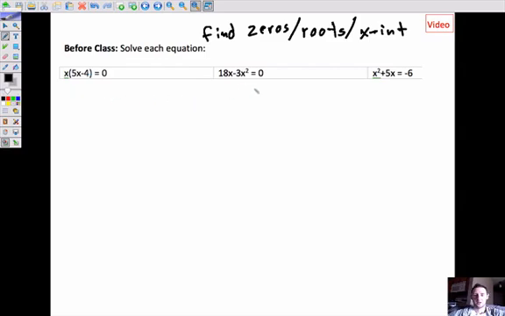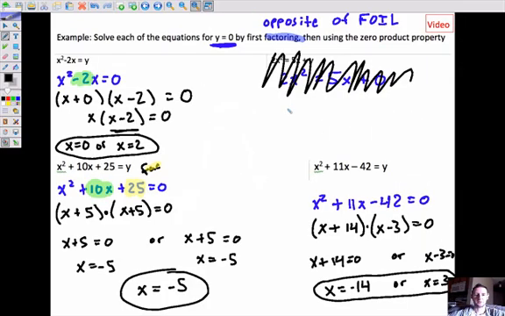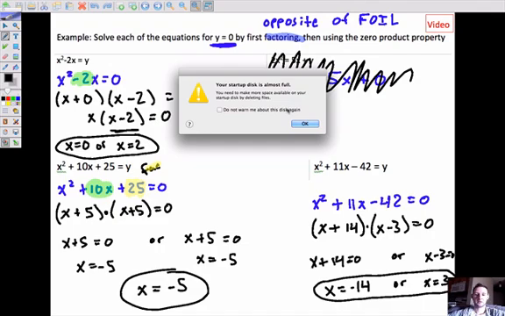A hint on this second one: if you divide this whole left side by negative 3, this becomes a lot easier. So the first thing I would do is divide by negative 3. That gives you negative 6x plus x squared equals 0. And then hopefully from there you can kind of figure out what to do. It's just like one of the examples that we did over here on this page.